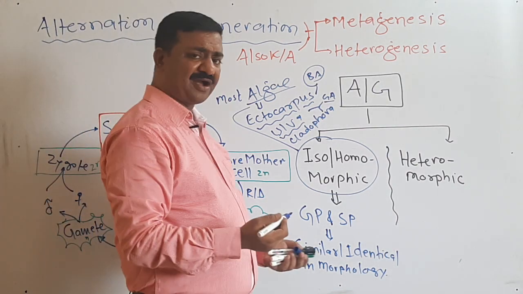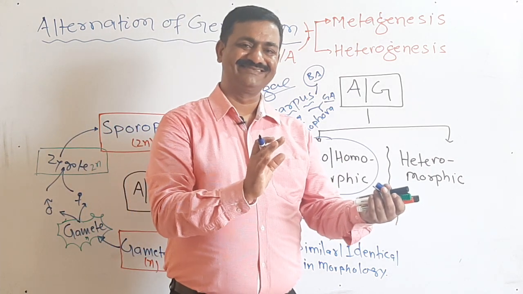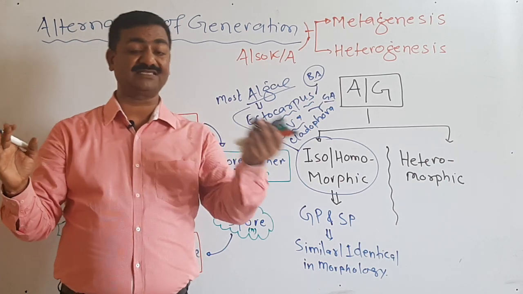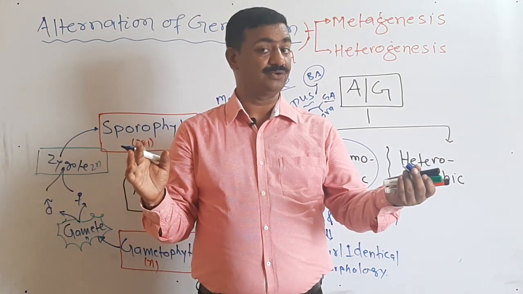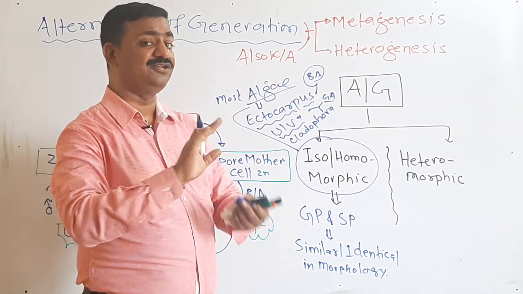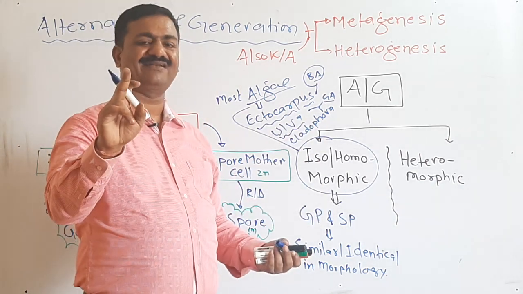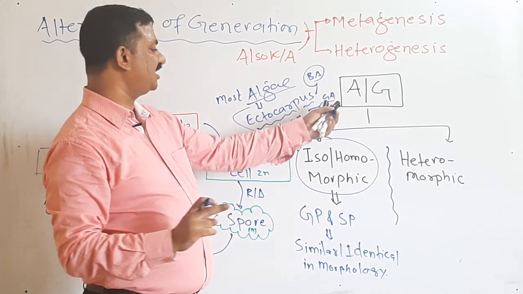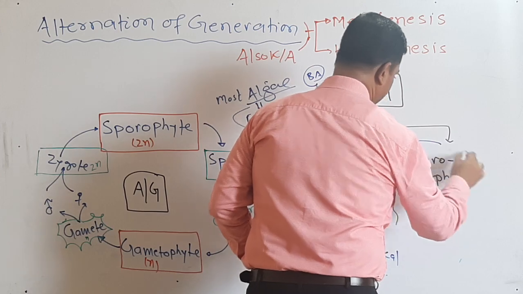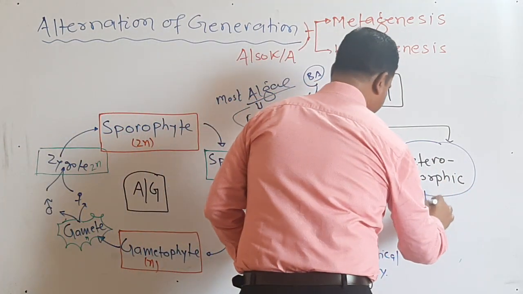But when you find that the sporophyte is different in appearance, while the gametophyte is again very distinct from this sporophyte, then they are morphologically not identical, rather very much distinct. For that type of alternation of generation, we have heteromorphic alternation of generation.